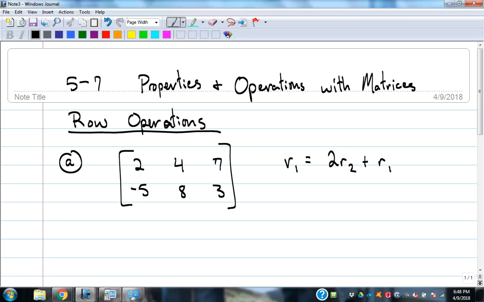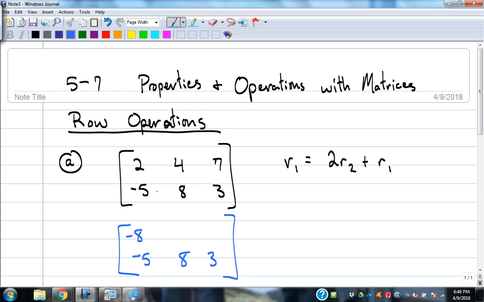So we're going to change row 1 on our answer. So after we've applied this row operation, the second row is -5, 8, 3. The first row, let's go back through it again. 2 times -5 is -10, plus 2 is -8.